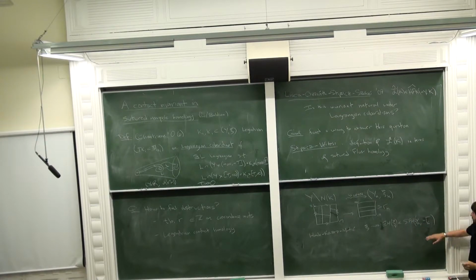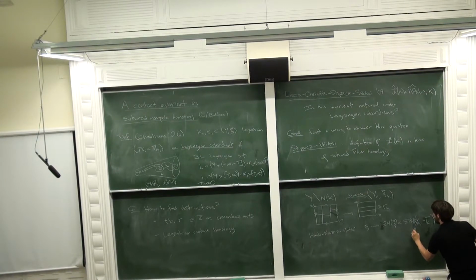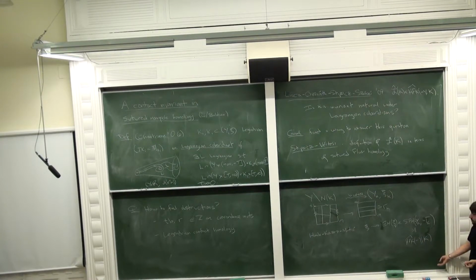Like that. And since the dividing curves are meridians in the knot, and there's a pair of them, they should be oppositely oriented, this is naturally isomorphic to the knot Floer homology of minus Y comma K.